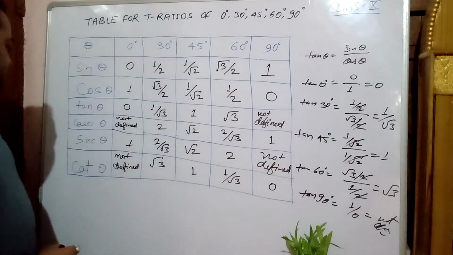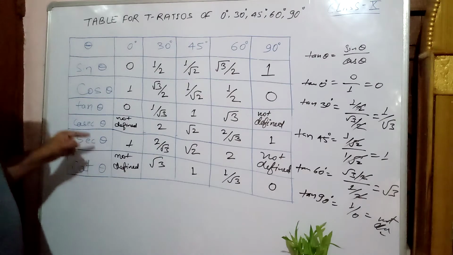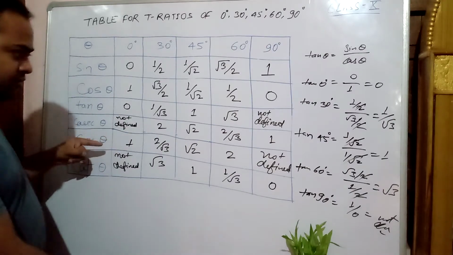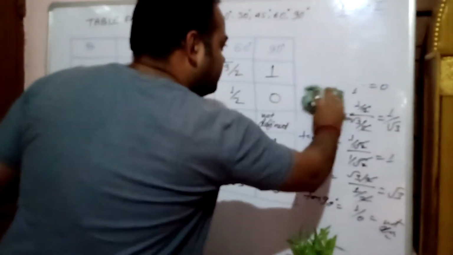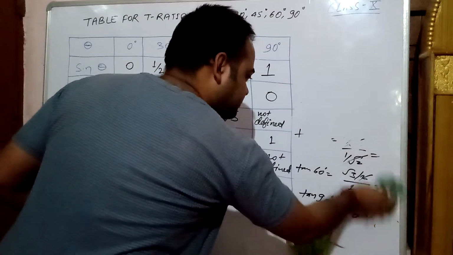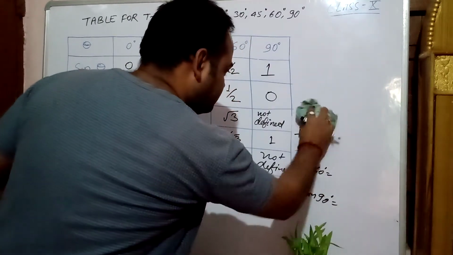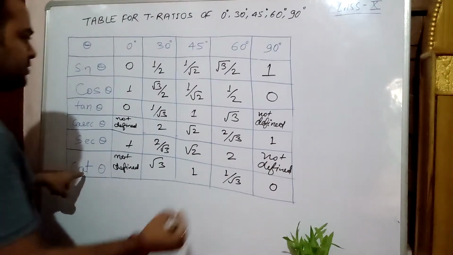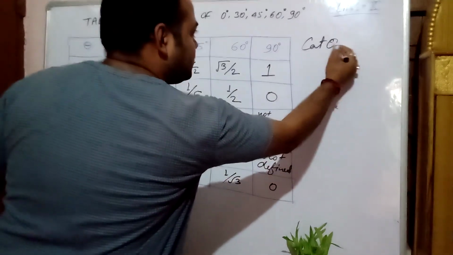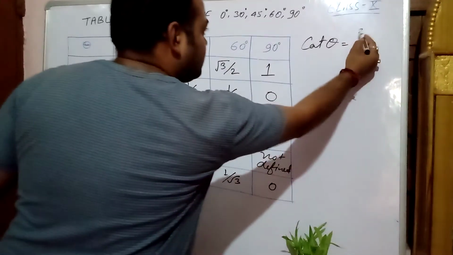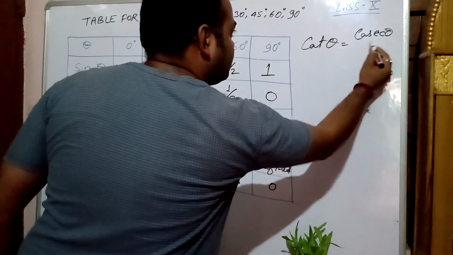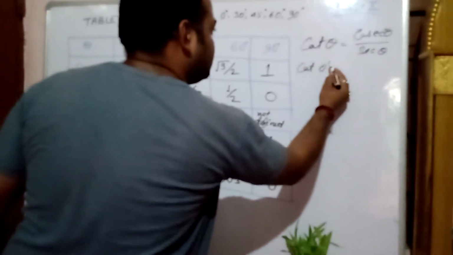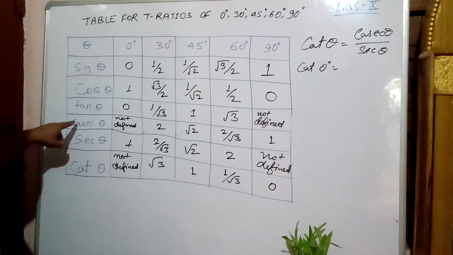Okay. Similarly cot theta, you have cosec theta by sec theta, means not defined by 1. If you want to understand this, cot theta is equal to cosec theta by sec theta.